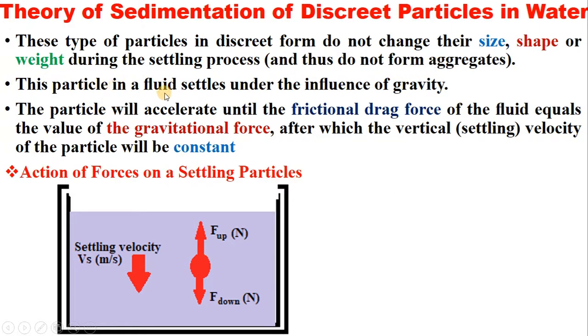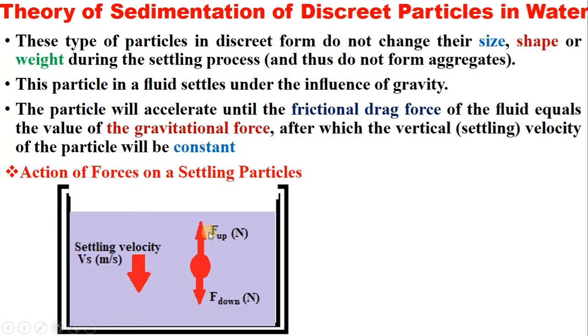When a particle in a fluid settles under the influence of gravity, the particle will accelerate until the frictional drag force of the fluid equals the value of the gravitational force, after which the vertical settling velocity of the particle will be constant.